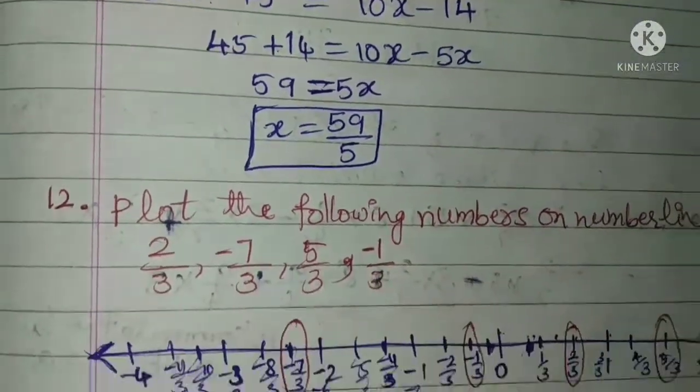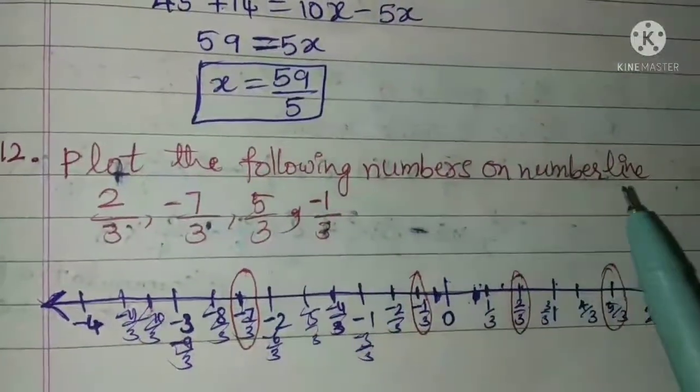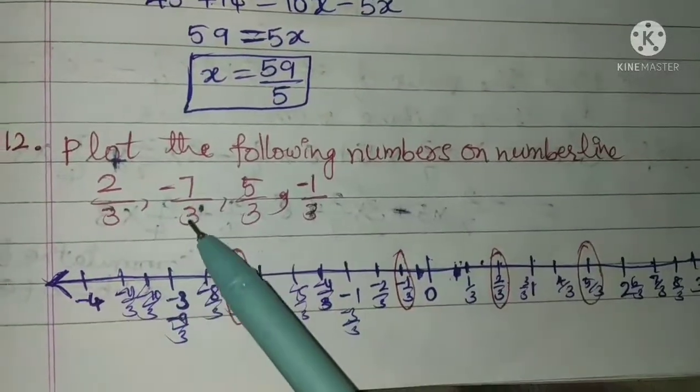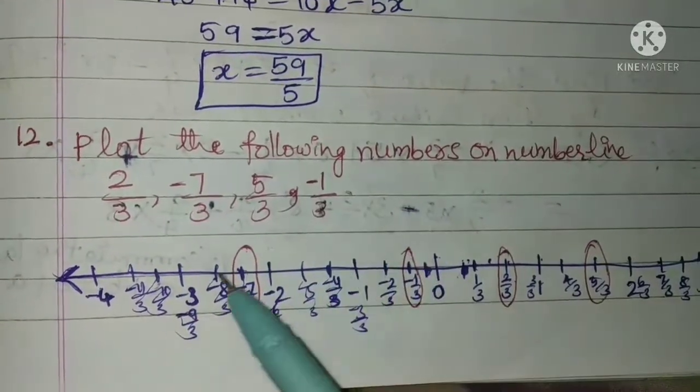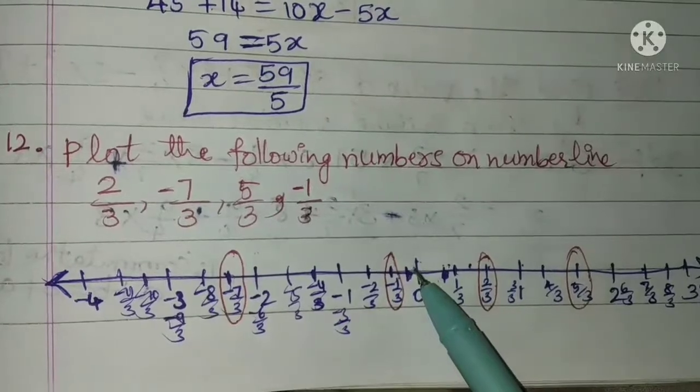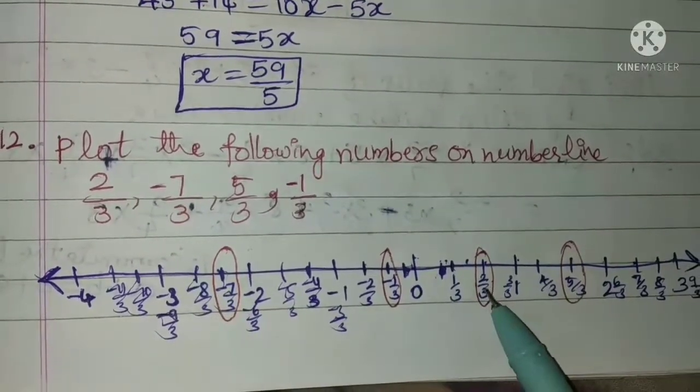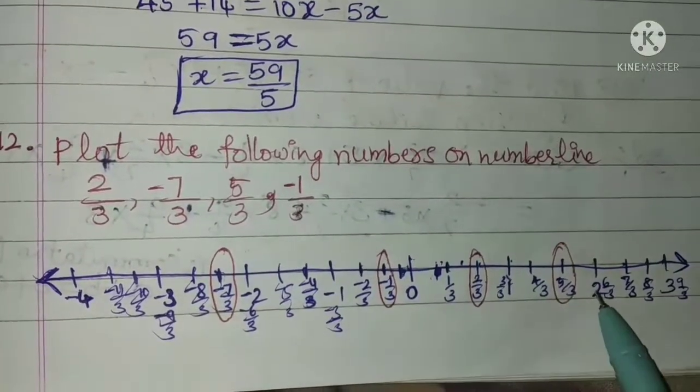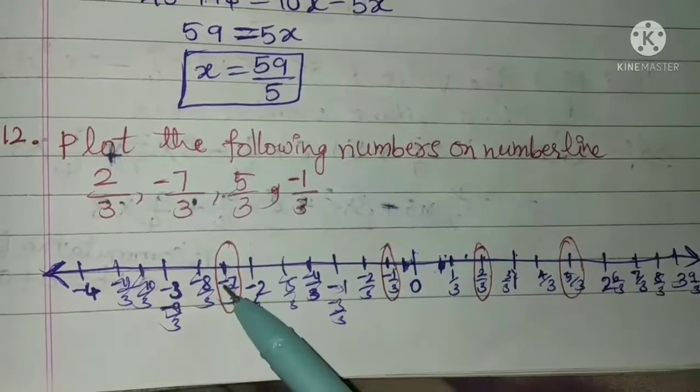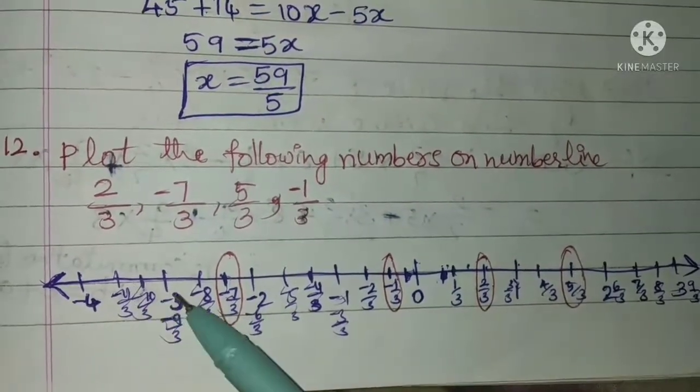Next question. Plot the following numbers on the number line: 2 by 3, minus 7 by 3, 5 by 3, minus 1 by 3. We know if we take 0 and here 1, 2, 3, and this side minus 1, minus 2, minus 3, minus 4.